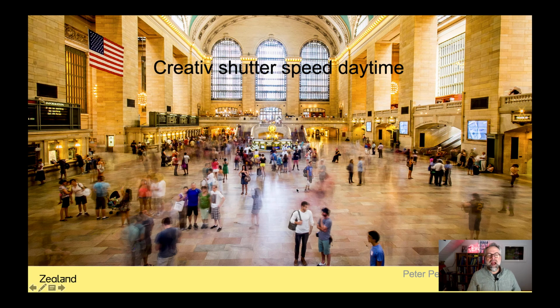You could also make a portrait of a person standing here, concentrating on not moving, and then everybody else moves, and this way you could create this difference between all the moving people and this one person standing still, and thus create a very beautiful effect.